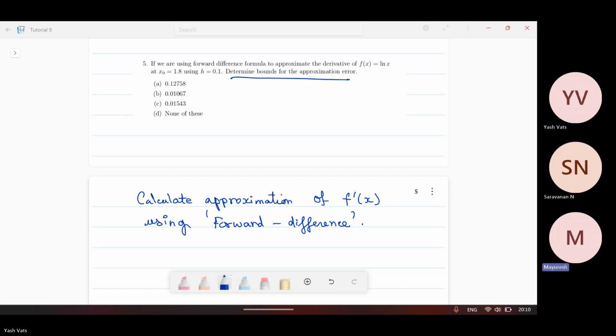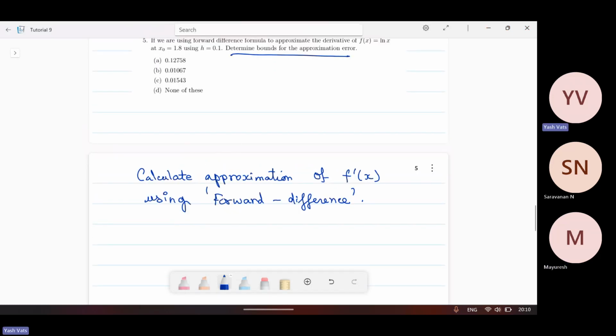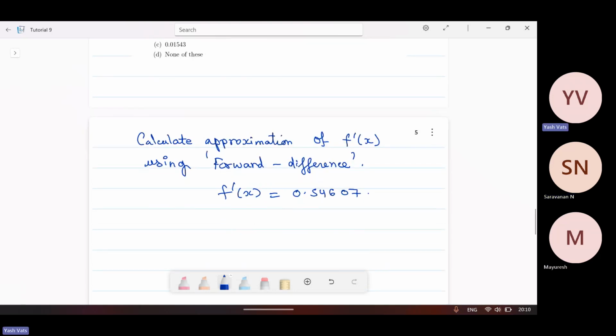Okay, I got f dash x as 0.54607. Is it what you got, Shravan? I'm just calculating. Give me a moment. 0.54607. Yeah.